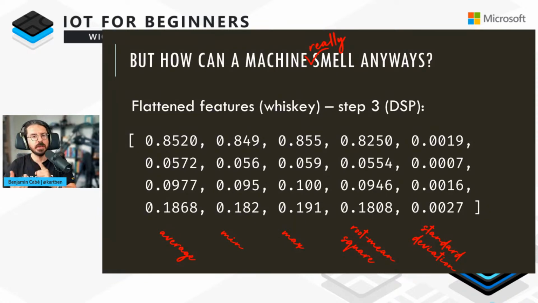We extract the average, the minimum, the maximum, the standard deviation, things like that for the gas concentration, so that we have single numbers that characterize on average how strong such or such smell is alcohol-wise, but also how much it varies, right?